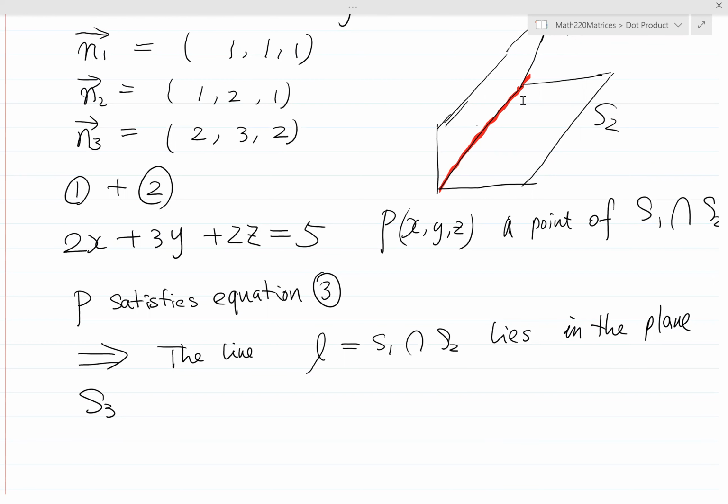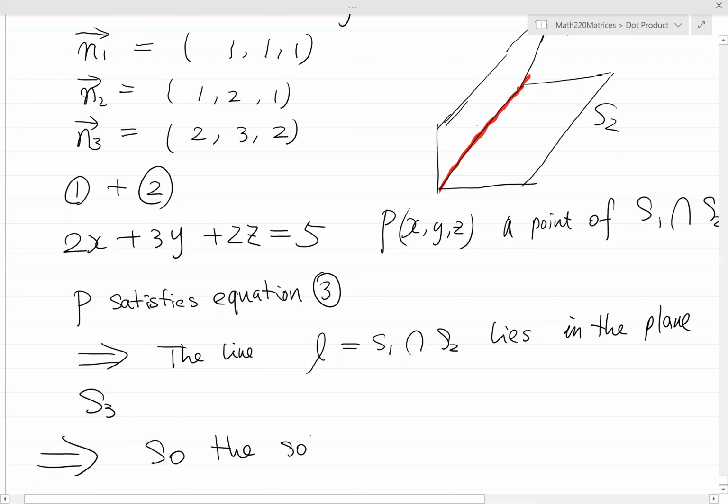The solution set should be a line, okay? The set of solutions to the given equations forms a line. Now how do we determine the line equation?